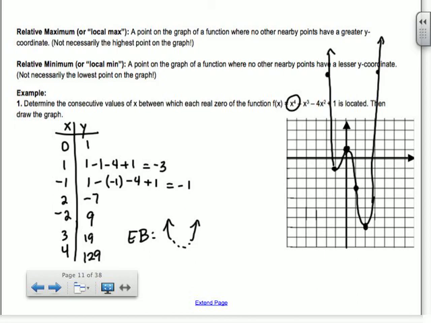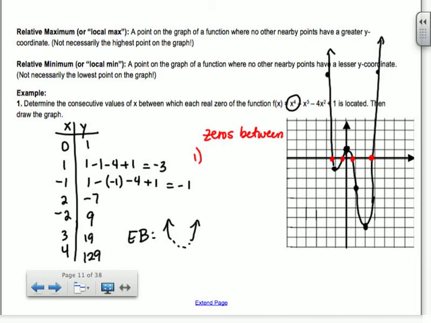Okay, so think about where your different zeros are. We have 4 of them. Did you guys see the 4 different zeros? Right here, here, here, and here. So 4 x-intercepts. Okay, so we have zeros between. So I'll write it like this.